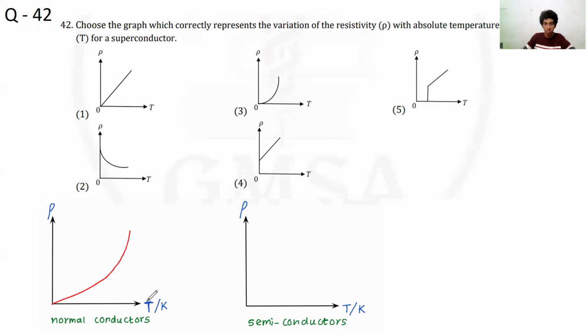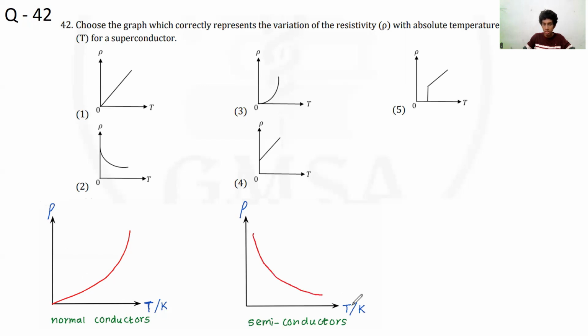That means when the temperature is increased, the resistivity or the resistance of normal conductors increases. And when the temperature is decreased, their resistivity decreases. Then for semiconductors, the resistivity varies with temperature like this.